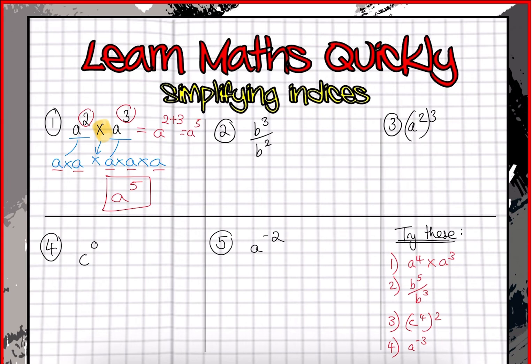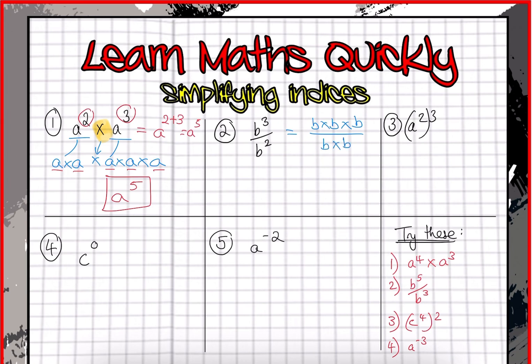Now, the next thing you need to learn, if you look at number 2, is when we're dividing by the same letter with an indice, there's a trick to that as well. That's exactly the same as saying b times b times b at the top, because b cubed is 3 lots of b, and then underneath your fraction line, it's the same as saying b times by b.